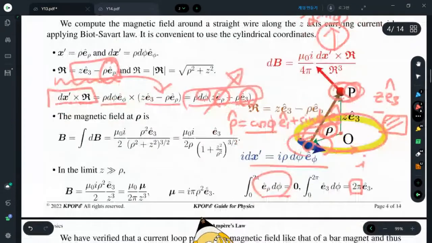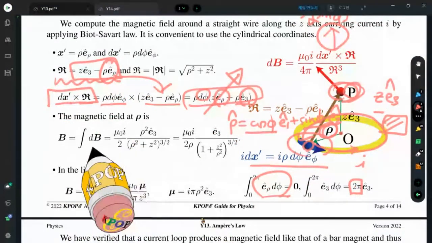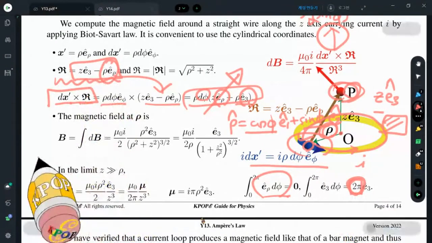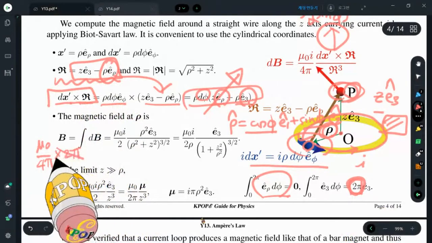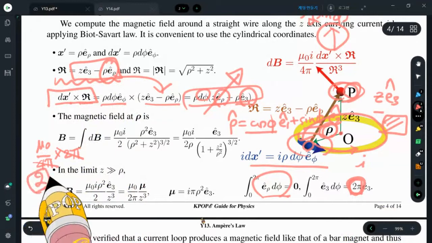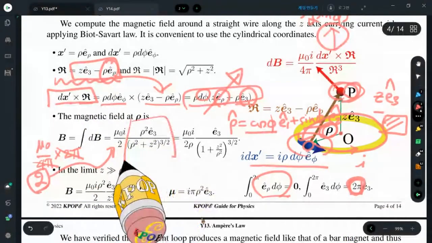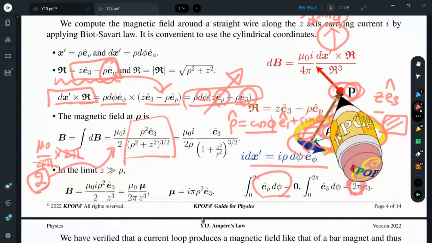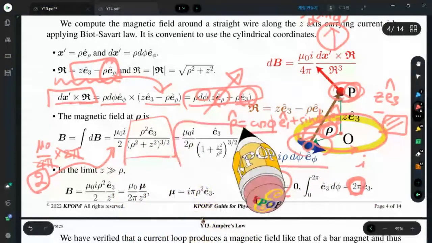Okay, so as a result, your answer is, because of this 2 pi, 4 pi in the denominator, mu 0 multiplied by 2 pi. This cancels and a factor of 2 appears in here. Remaining pieces are constants, and if we take the limit, z goes, okay, the exact result is like that.